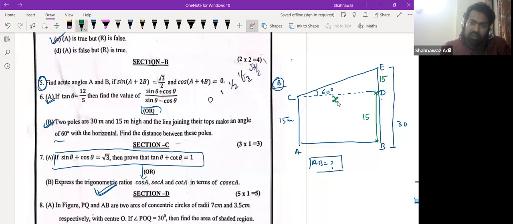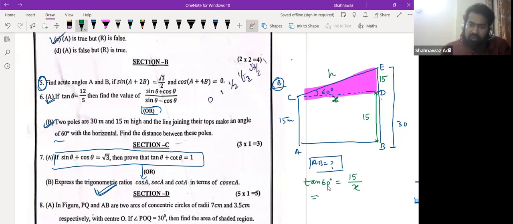This is what you have to find out. You are given this, and this is a right angle triangle. So what trigonometric ratio will you use? This is the hypotenuse, this is perpendicular, this is tan. So tan 60 equals 15 by x.